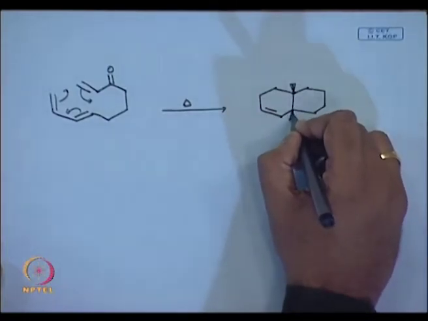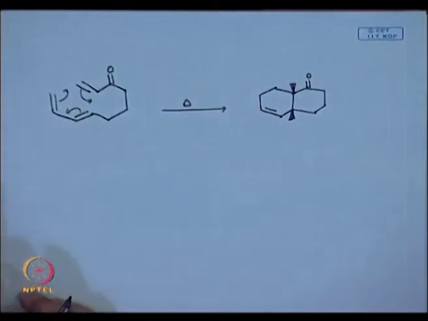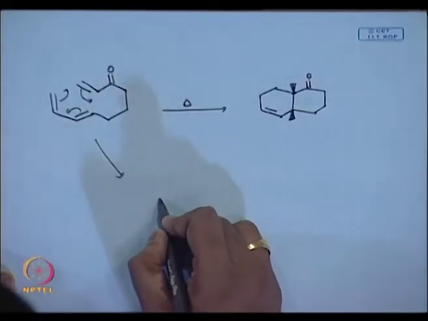Interestingly, what happens is that I get a cis ring junction. In the earlier case, where it was without a carbonyl, just a system, I was getting a trans ring junction. In this case, when there is a carbonyl, I am getting a cis ring junction. You can understand this again by the same steric and orbital control.